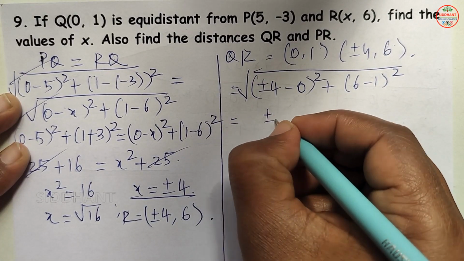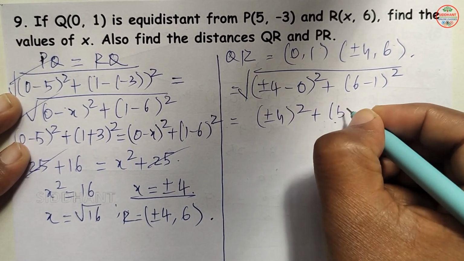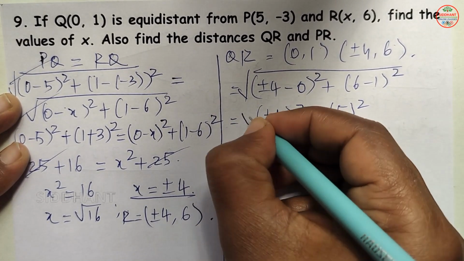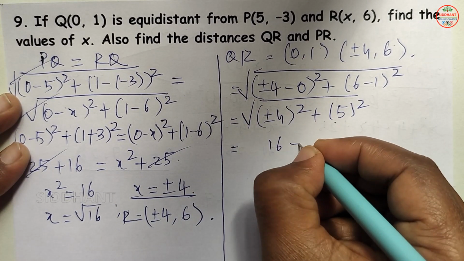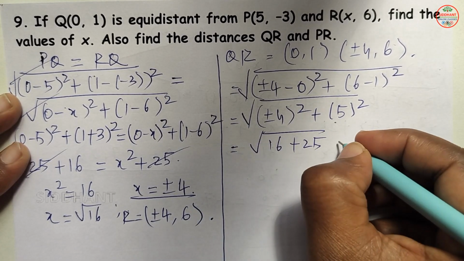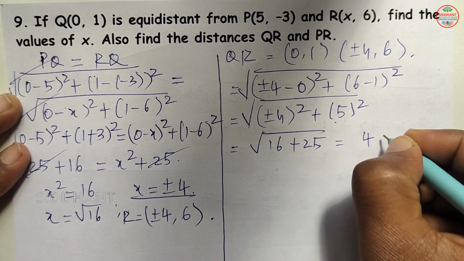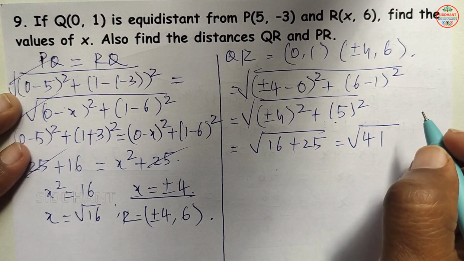So plus or minus 4 whole square plus 5 square. So that will be 16 plus 25, which is 41. Root 41 is QR.